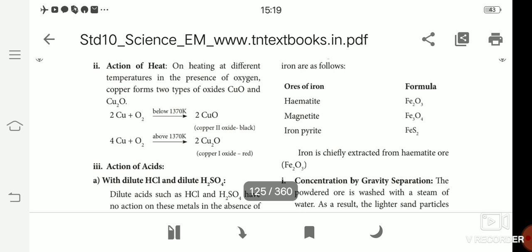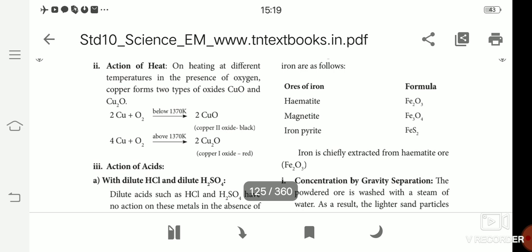The ore is made into a fine powder and dropped on a sloped surface, and then water is poured over it. The impurities are lighter in weight and are washed away. This is the gravity separation method.